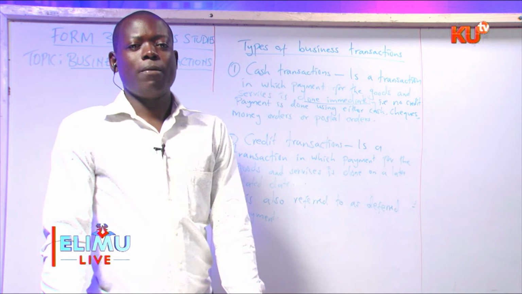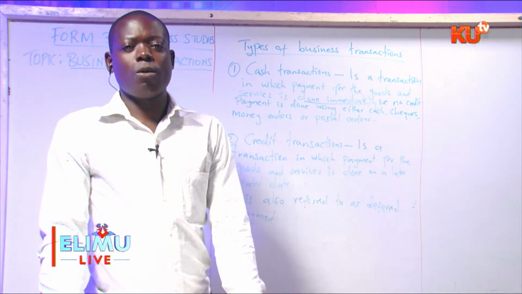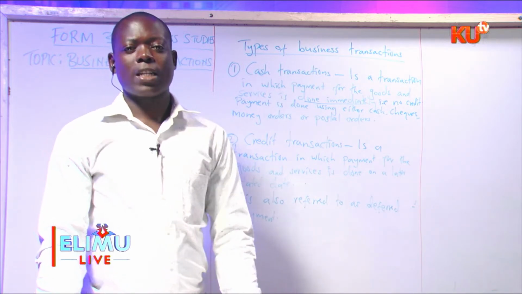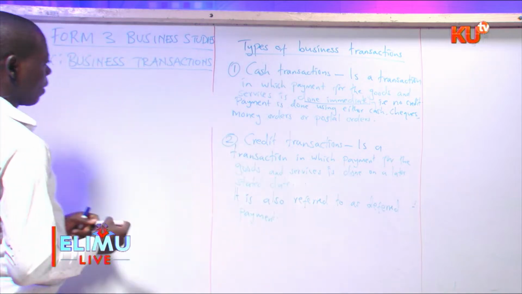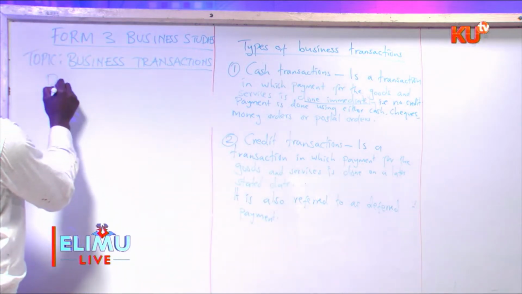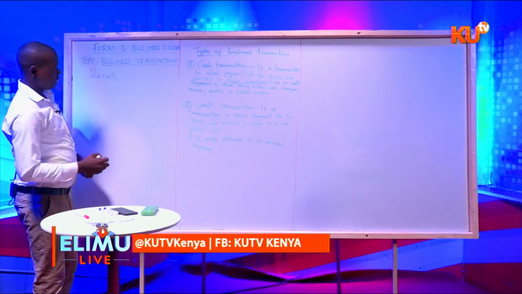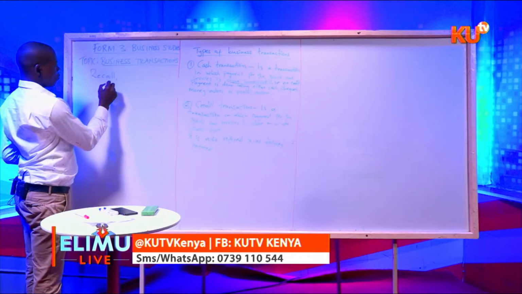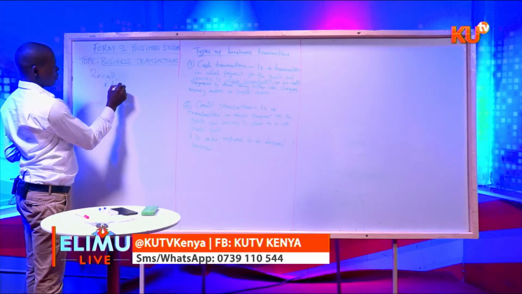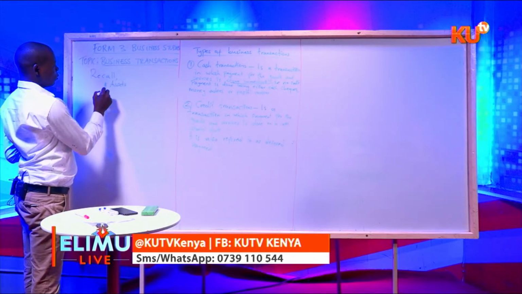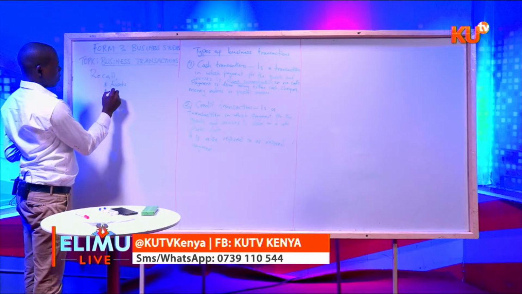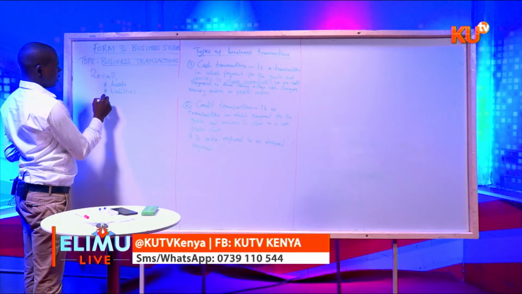And in the previous topic, when we were discussing the net worth of a business, we discussed these terms. Number one, assets. Number two, liabilities. Number three, the concept of capital.